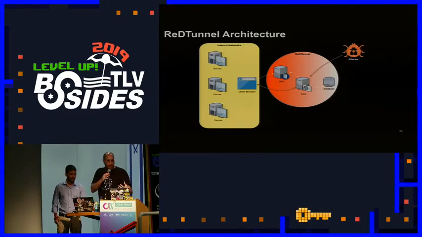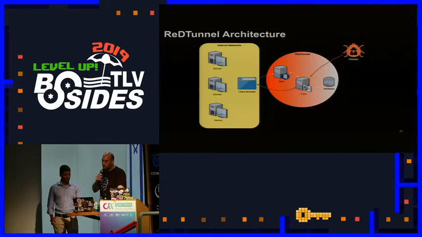Behind the client browser, we have a network with many servers and desktops. And the client actually clicks the link, and this link contains the ReDTunnel exploit. It's not a real exploit, it just uses the browser capabilities, but exploits them.